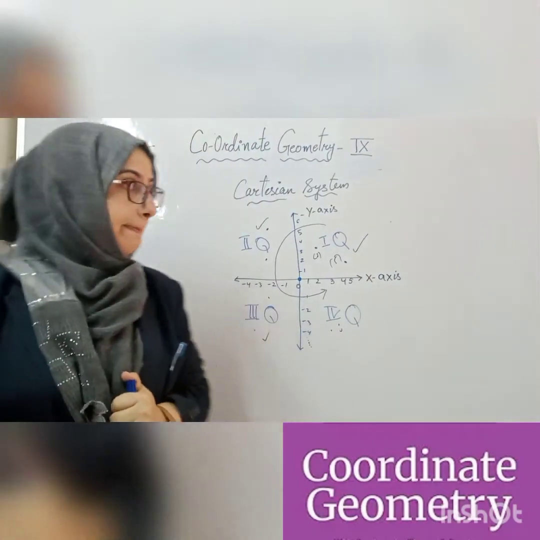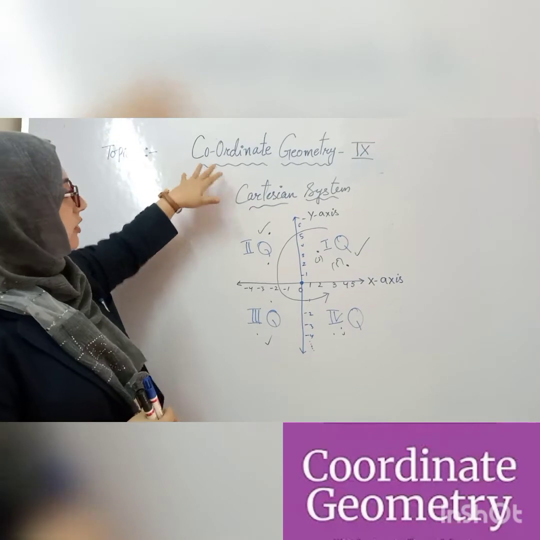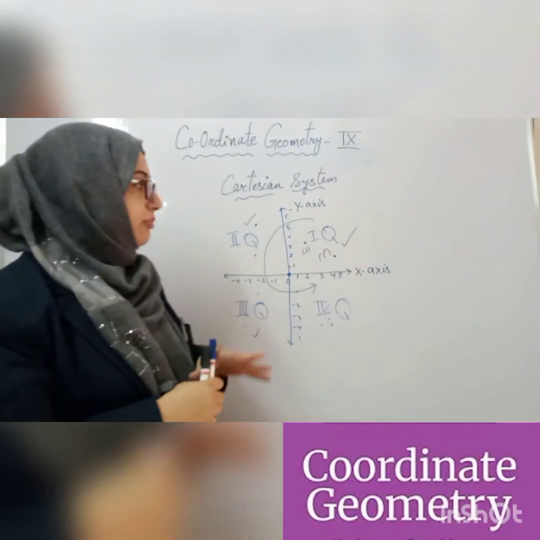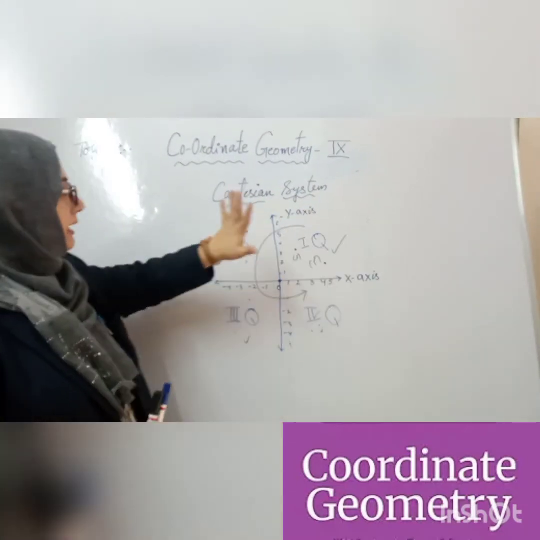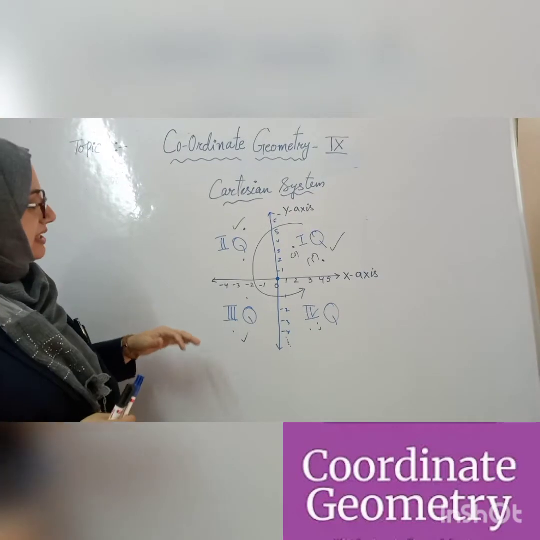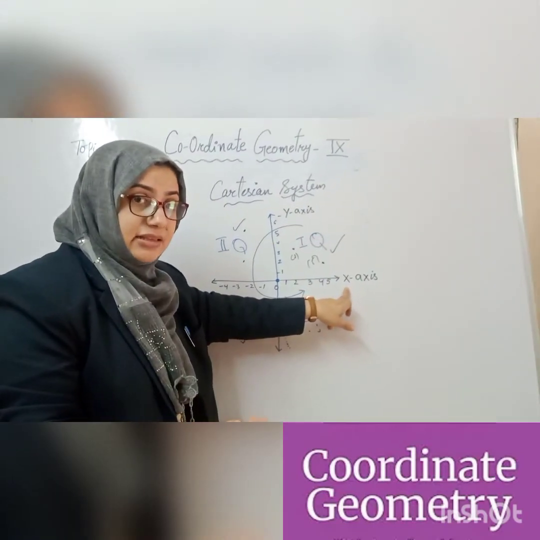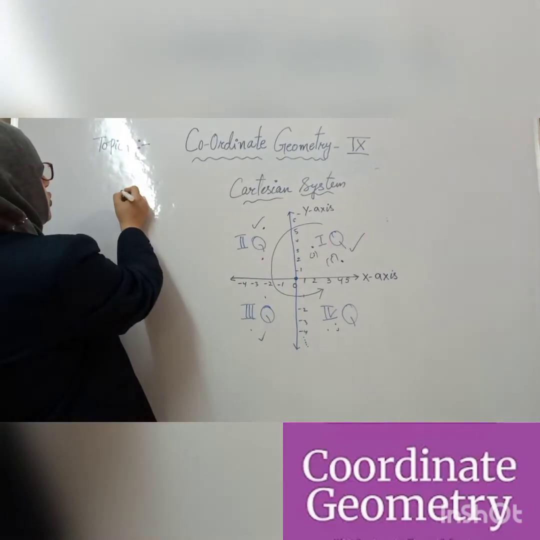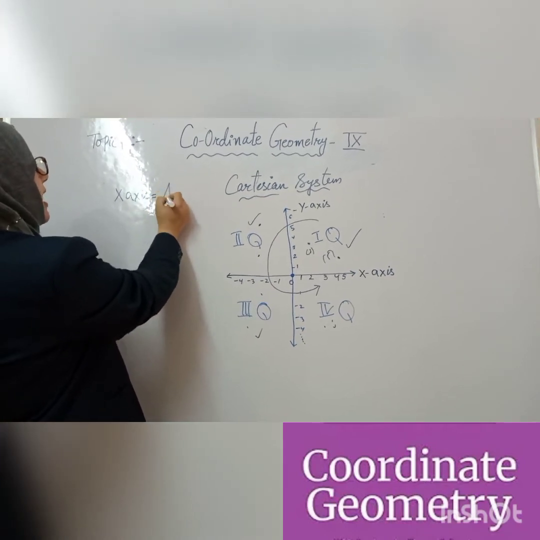Now, coordinate geometry is something where you're dealing with points and you're plotting those points in this Cartesian plane. Now, the question arises, is there any other name for the x-axis? Of course, there is another name for the x-axis. The x-axis is also called abscissa.